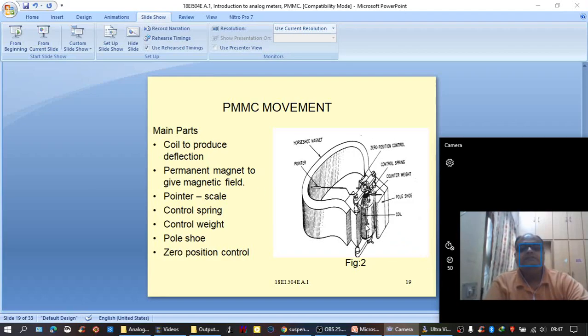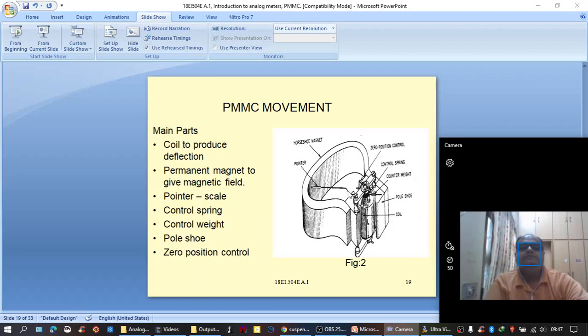Here is the coil used to produce deflection, and a permanent magnet to give the magnetic field. Here, this is a horseshoe type permanent magnet which is used to produce the magnetic field, and a pointer. Here is the pointer.